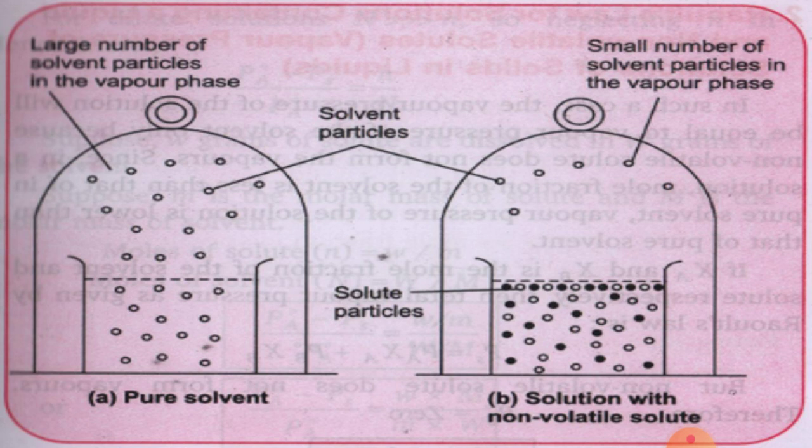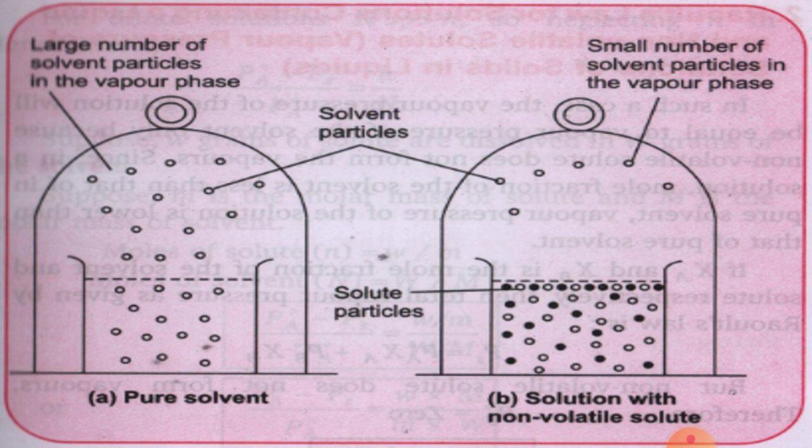Now again focus on the diagram given here. Diagram A shows the pure solvent and diagram B shows the solution with non-volatile solute. To look at the diagram properly, in case of pure solvent, there is a large number of solvent particles in the vapor phase.